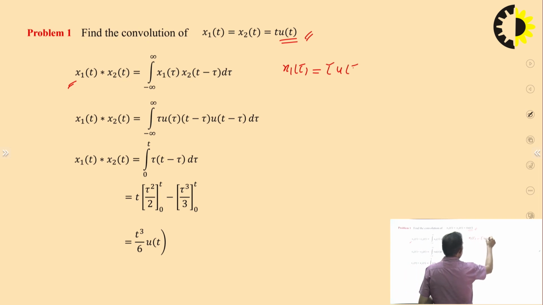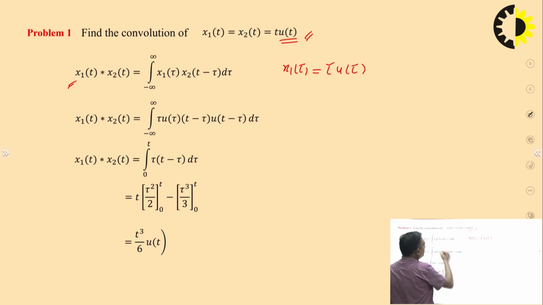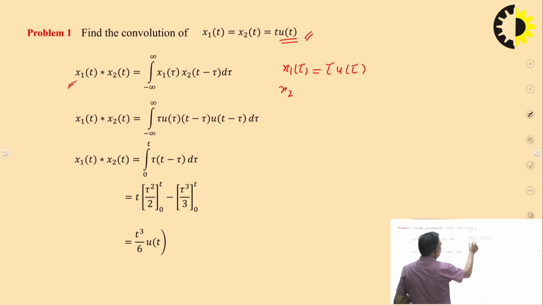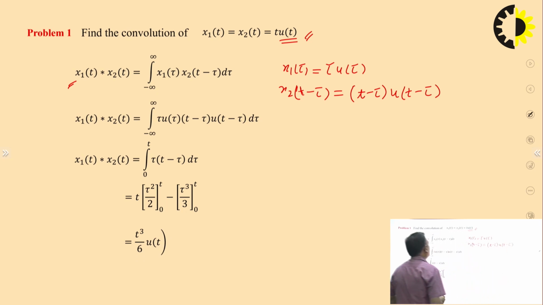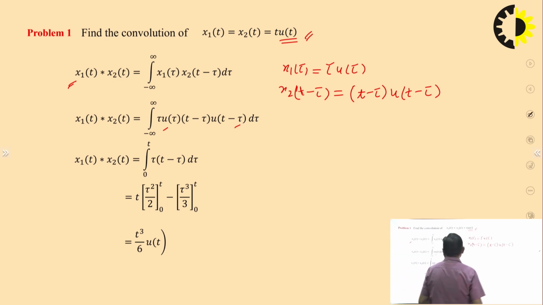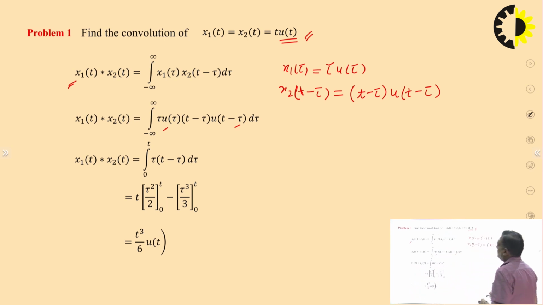Now we have to calculate x2(t minus tau), which can simply be calculated by putting t minus tau in place of t. So we are having (t minus tau) u(t minus tau). Now we will put these values here: tau u(tau) and (t minus tau) u(t minus tau) d tau.